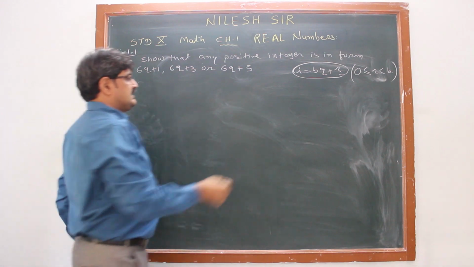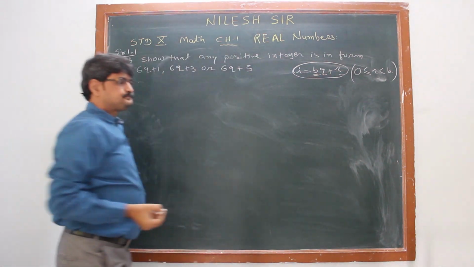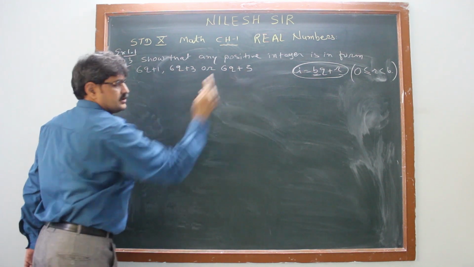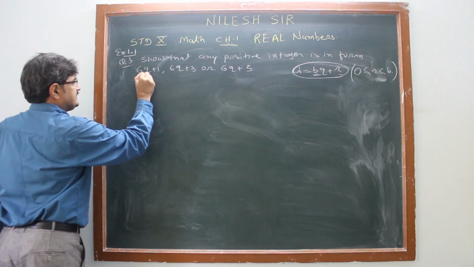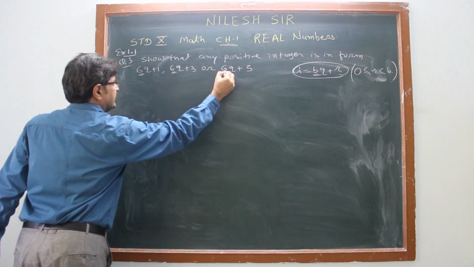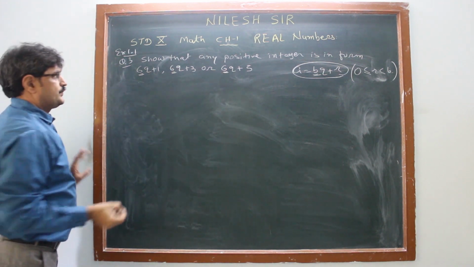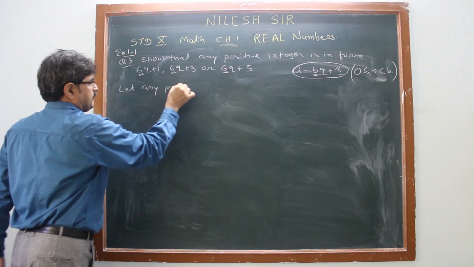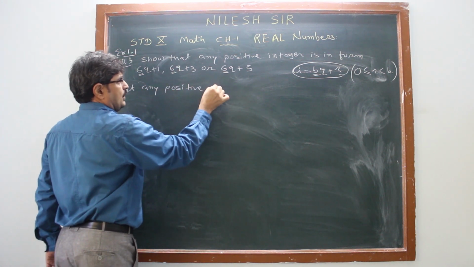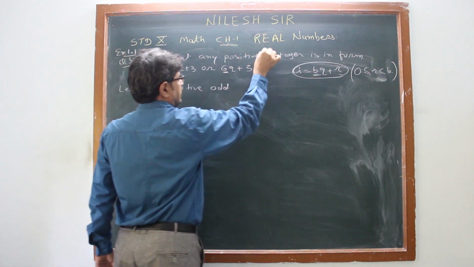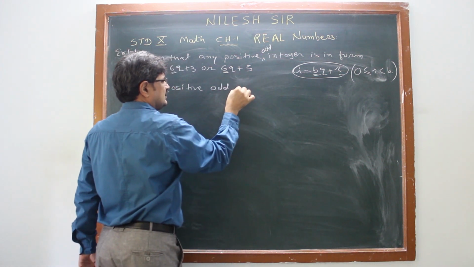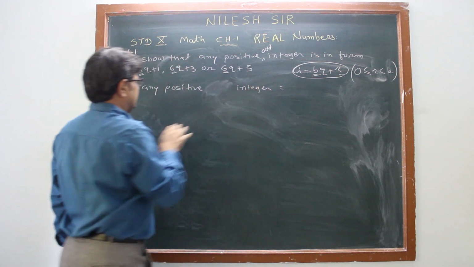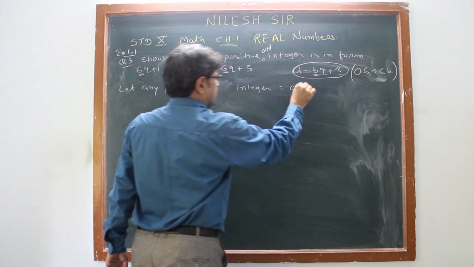Now here B is called the divisor. Here we have 6q plus 1, 6q plus 3 or 6q plus 5. So friends, here we have 6 as divisor. So I will assume that any positive integer is a.